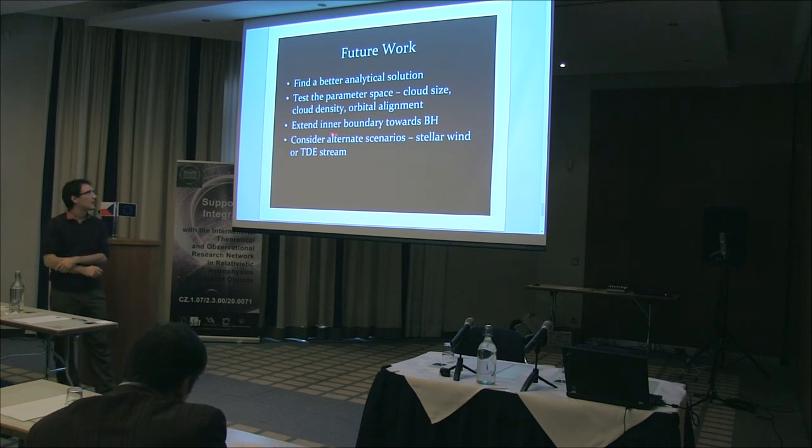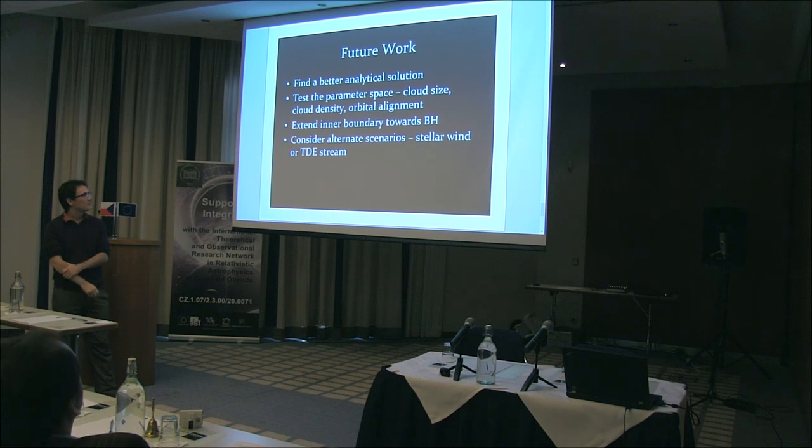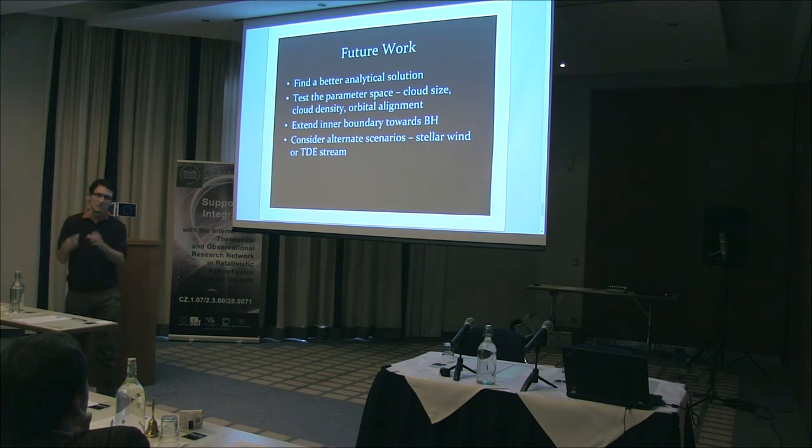As we hopefully get more computer time, we can extend the inner boundary. It'll allow us to run these simulations longer, get better extrapolations. And there's a couple other scenarios that we might want to consider besides just a bullet cloud. One of those might be a stellar wind, which is a decent candidate, or what I think is probably the best candidate for this G2 cloud is probably like a tidal stream or something like that. So that's our future plans.